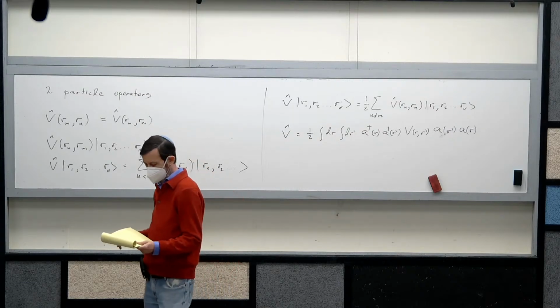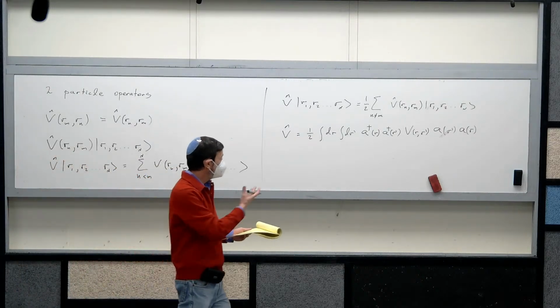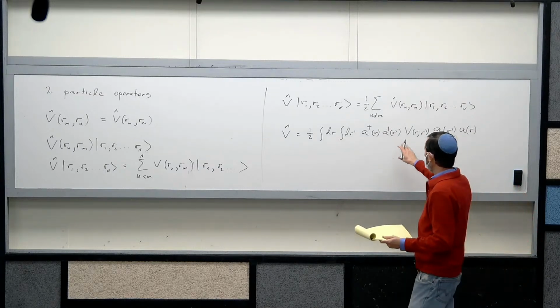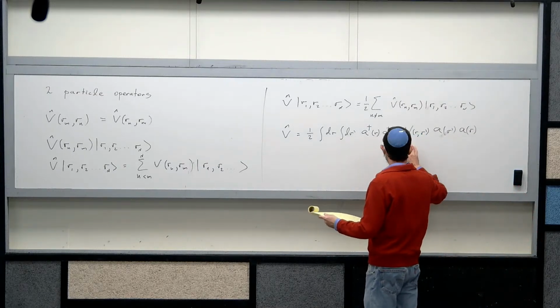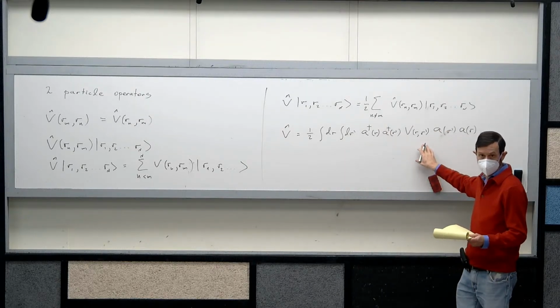So let's see how in general I can see what's going on here. For simplicity, I don't want to write any specific interaction.